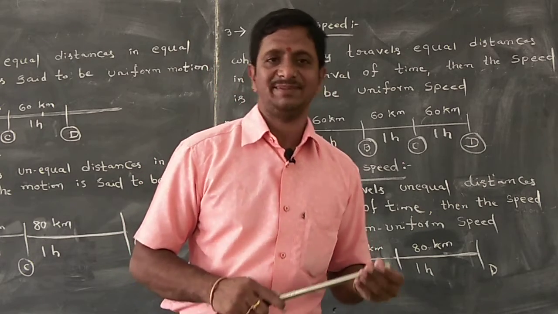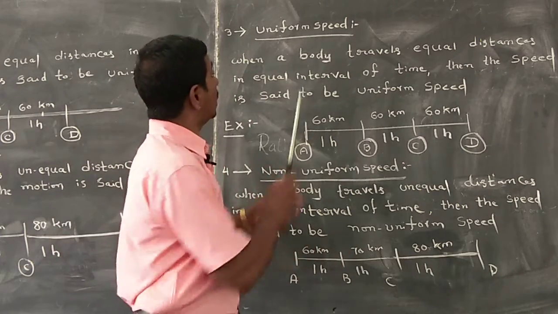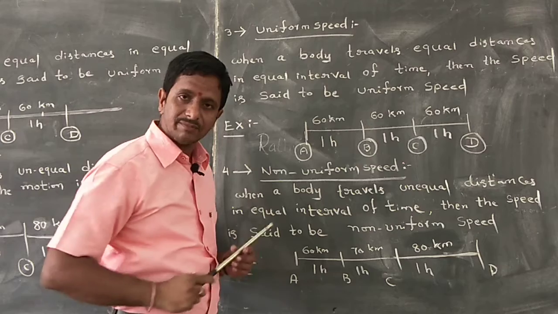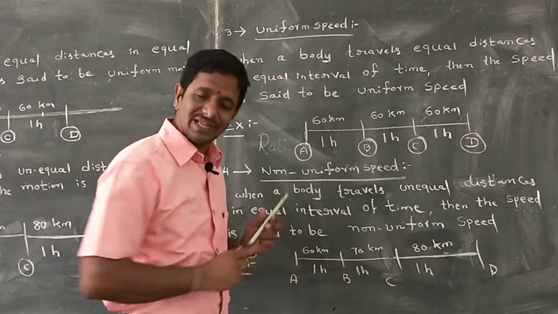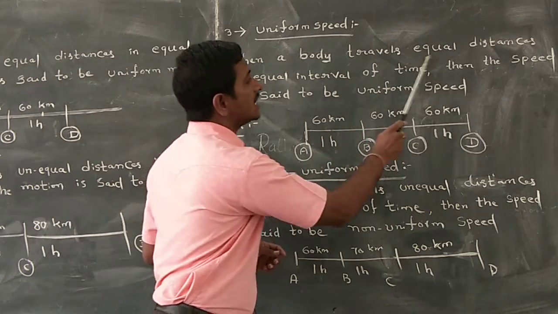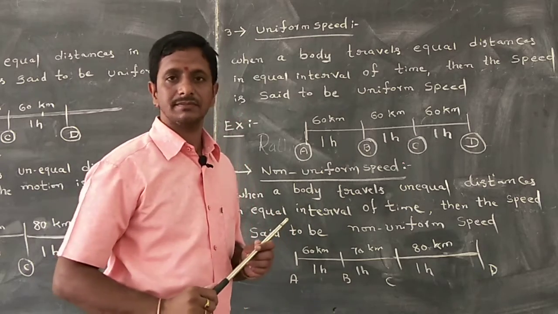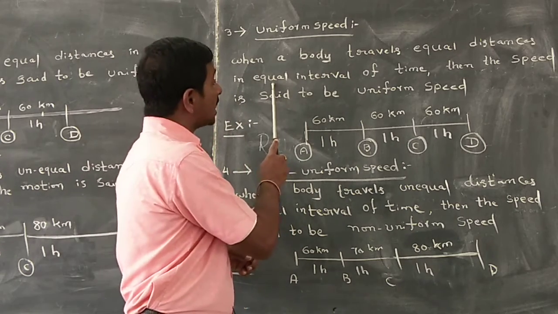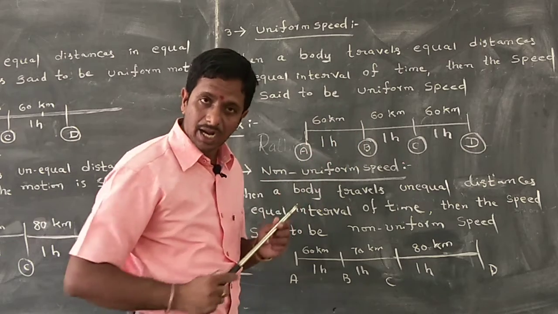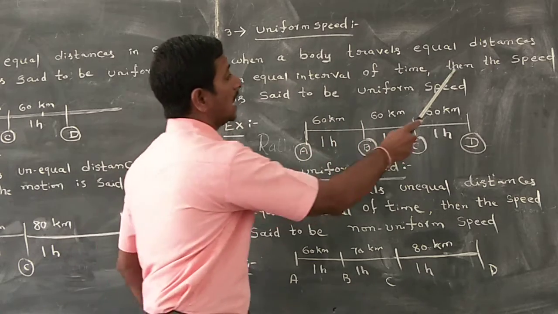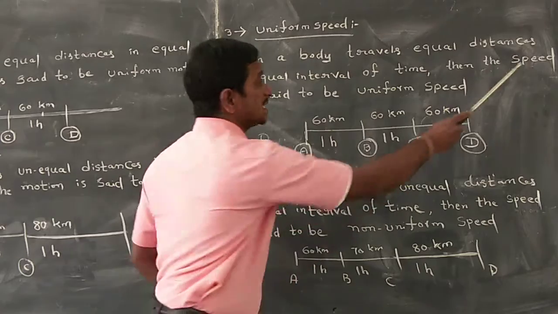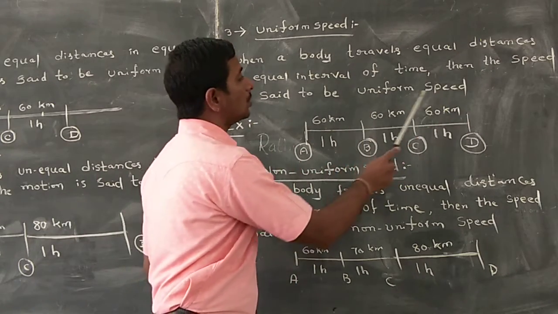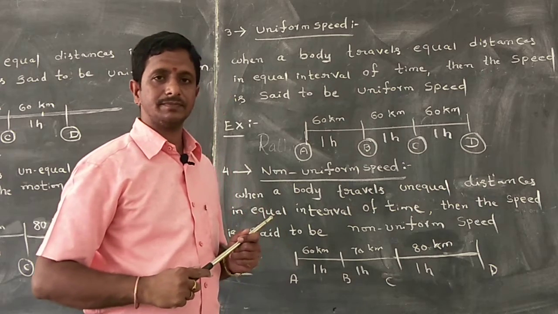Listen carefully. Now, uniform speed. When a body travels equal distances in equal intervals of time, then the speed is said to be uniform speed.